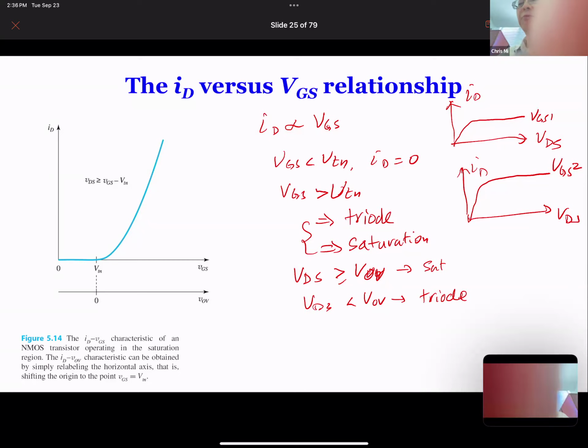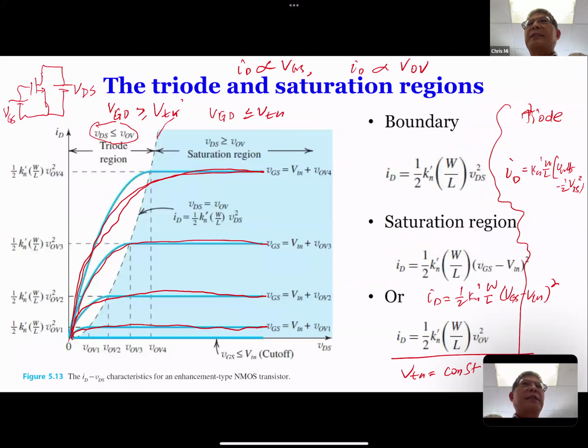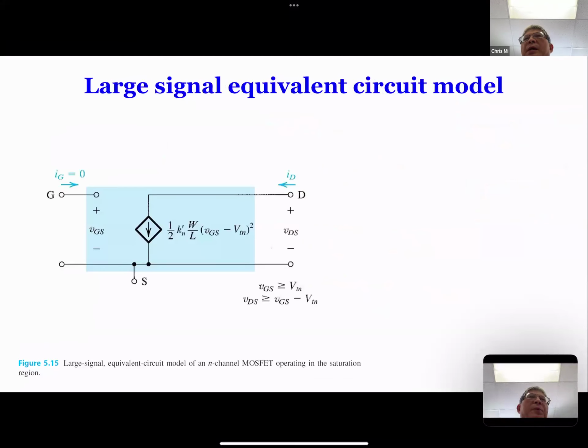We don't use this diagram very much. The one we use most is really the previous one. That slide we actually used quite a bit, but this slide we don't use very much.